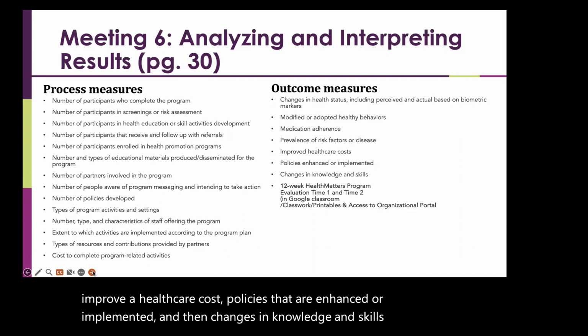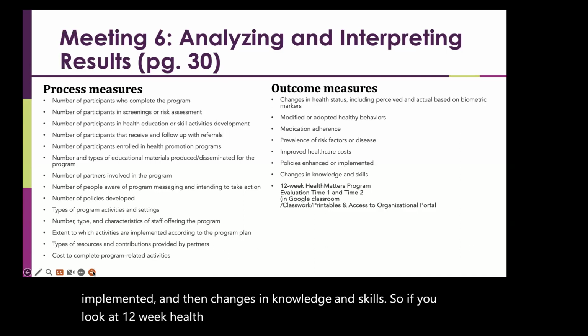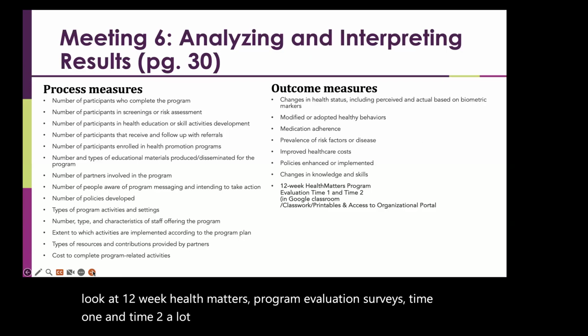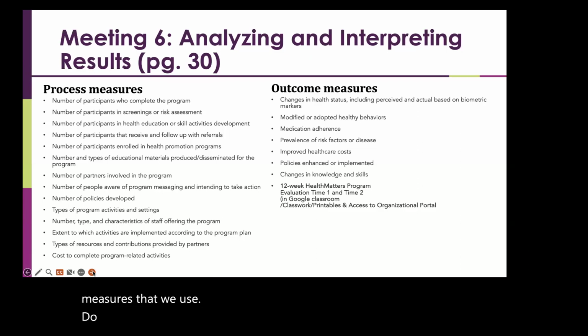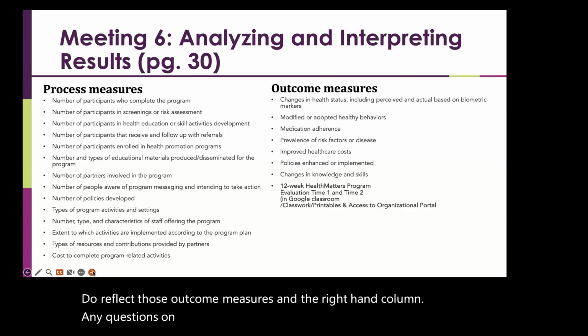So if you look at the 12-week Health Matters program evaluation surveys, time 1 and time 2, a lot of the questions and measures that we use do reflect those outcome measures in the right-hand column. Any questions on how to analyze and interpret results?